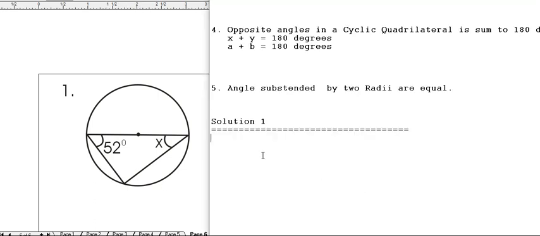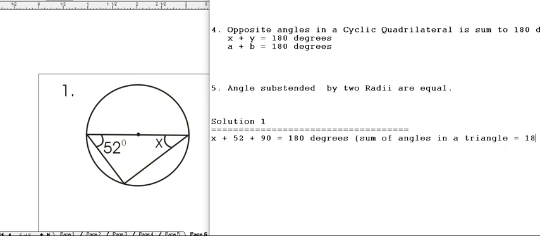So our solution is going to be x plus 52 plus 90 degrees is equal to 180 degrees. 180 degrees is the sum of angles in a triangle.